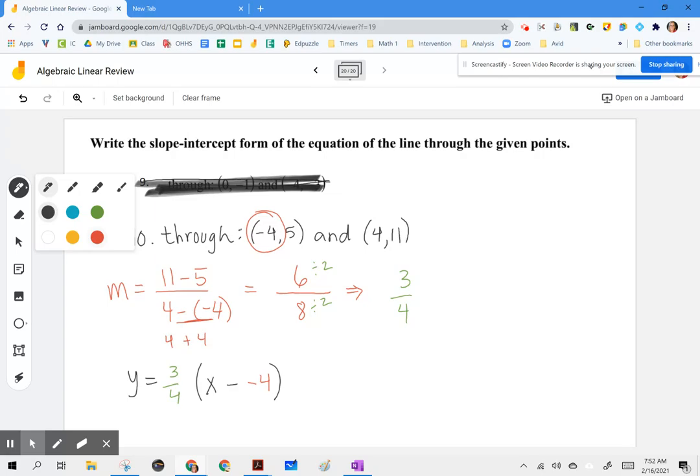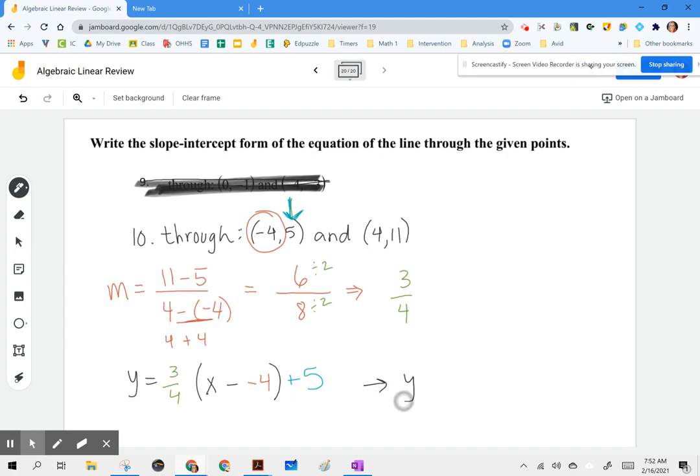And then I can't just use the x of one and the y of the other. If I start with the x coordinate of -4, I need to finish with the y coordinate. I have to choose a y coordinate of the same ordered pair. So that's +5. So what we're going to do here is just go ahead and simplify that.